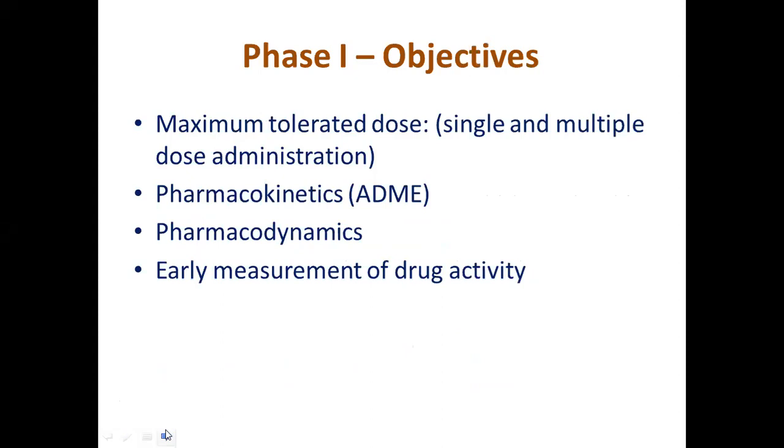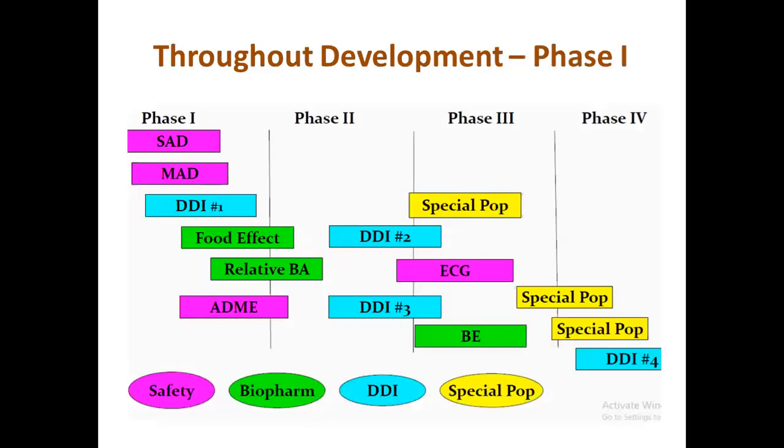Apart from that, the pharmacokinetic and pharmacodynamic parameters, and this is the first time when we get to know about the early drug activity concept. So proof of concept, a little bit, we can understand from this trial also.